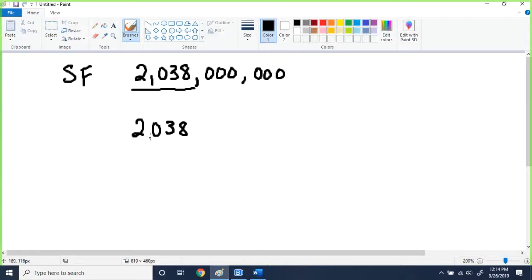The number to the left of the decimal has to be between 1 and 9. That's this number, so I'm going to put my decimal here. Times 10 to a power is going to be a positive power because the number is really big and we're going to be counting to the right. So whenever we're moving to the right, it's going to be a positive integer.